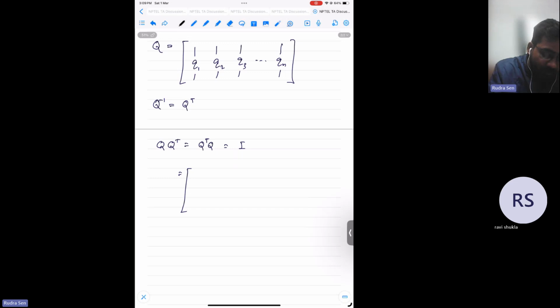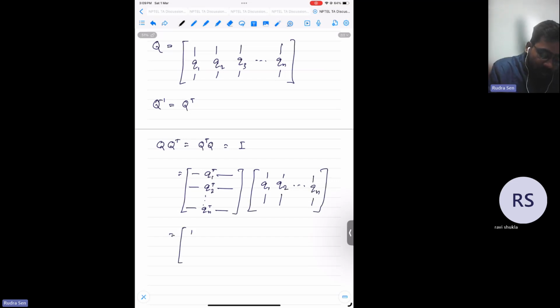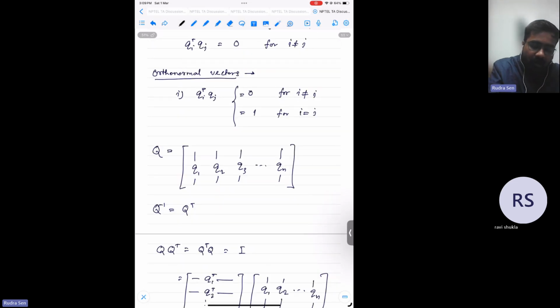If we take Q transpose, this is Q1 transpose, Q2 transpose, up to Qn transpose, multiplied with Q1, Q2, up to Qn. Ultimately we get Q1 transpose Q1, which is 1, then Q1 transpose Q2, which is 0, and Q1 transpose Qn, which is 0, because when i is not equal to j it gives us 0.